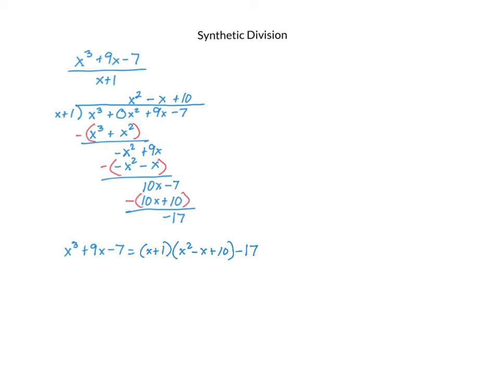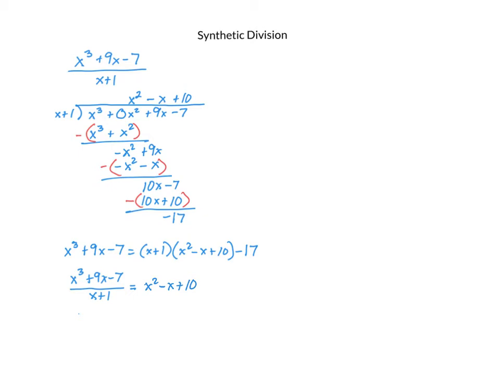The other way we could write it is this. We could have x cubed plus 9x minus 7 divided by x plus 1 equals, and now we will write our quotient right here. So we have x squared minus x plus 10, and then our remainder over the divisor.